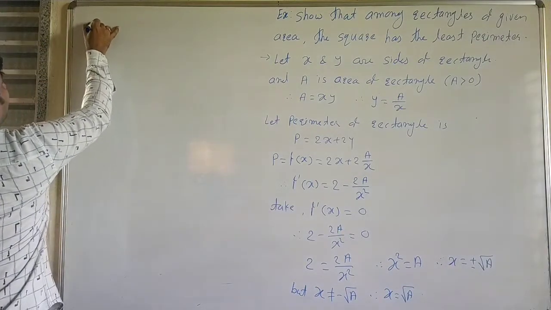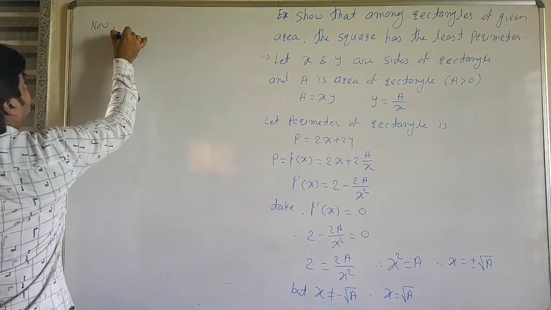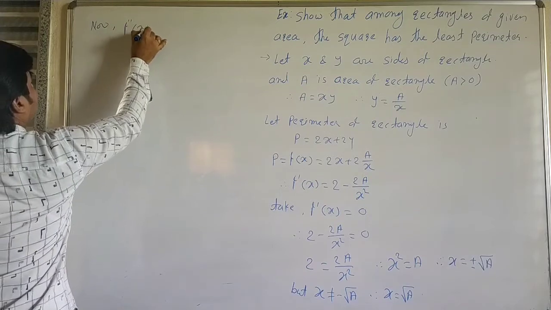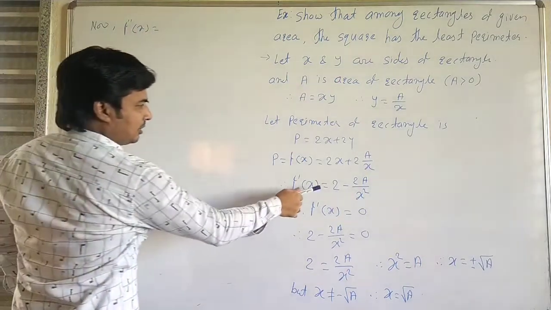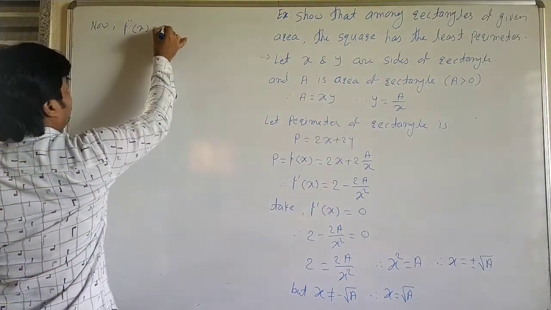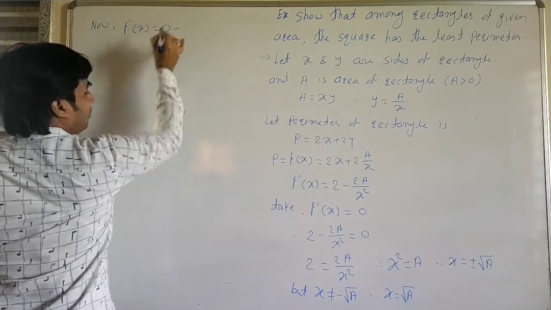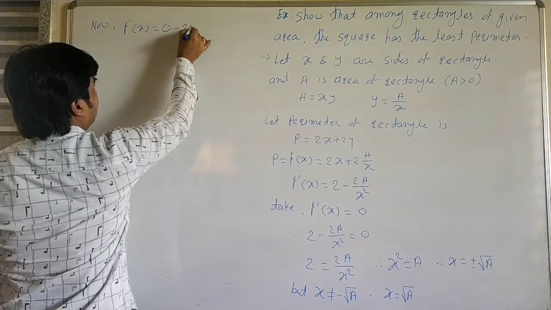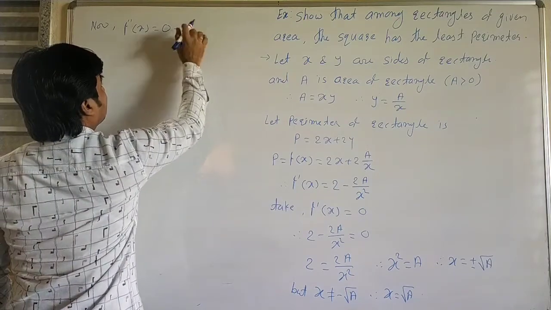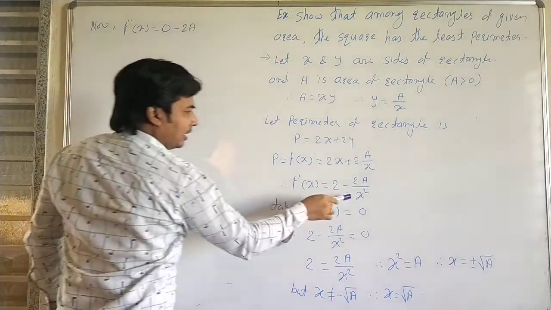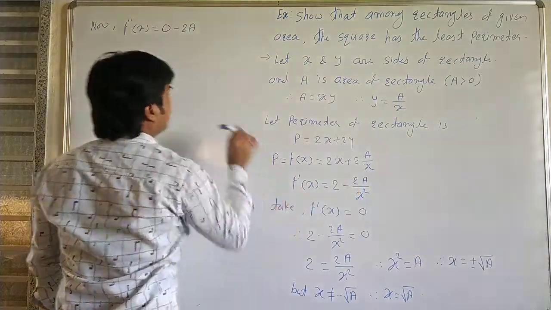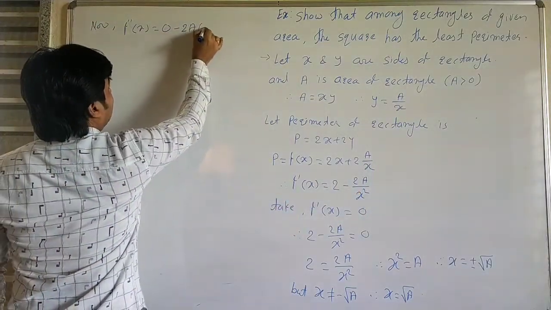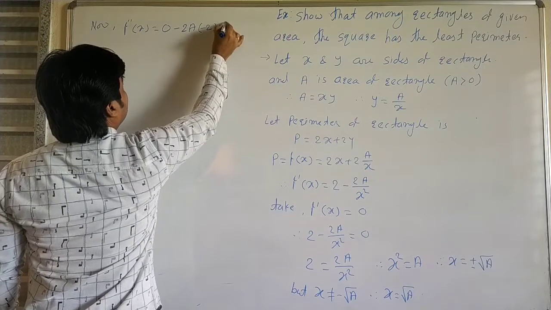Now f double dash of x. Differentiating f dash of x, the derivative of 2 is 0, minus 2a constant into x to the power minus 2, and the derivative of x to the power minus 2 is minus 2 into x to the power minus 3.